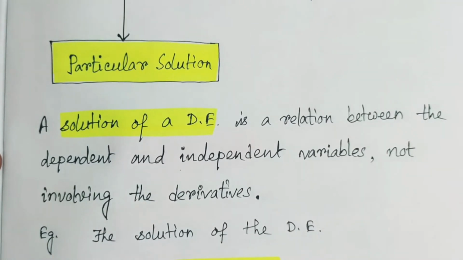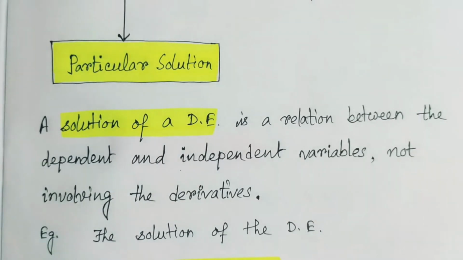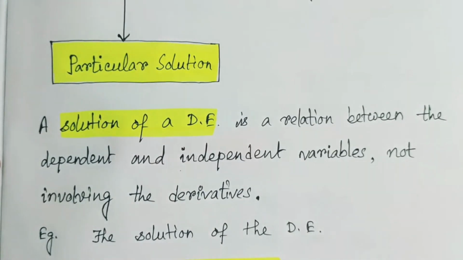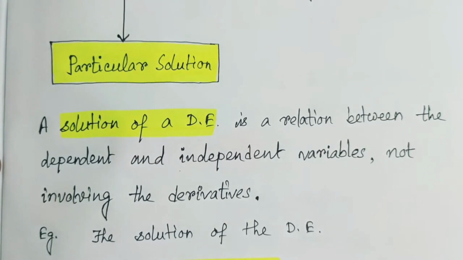I hope you have gone through my second video on differential equations. There you are supposed to construct the differential equation from a given equation. In the first example you have y is equal to mx plus c, and corresponding to that you are supposed to calculate the differential equation. So the solution for that differential equation is y is equal to mx plus c.